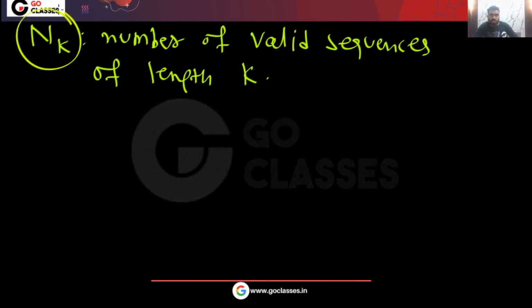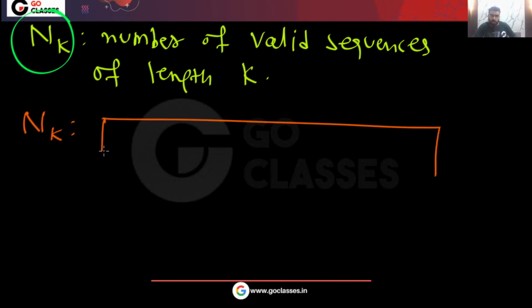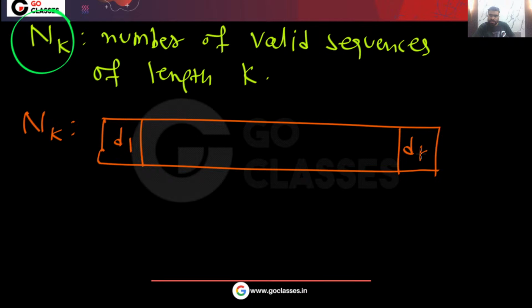First of all, what is nk? Nk is basically number of valid sequences of length k. Please focus. Nk is number of these sequences where the first character is a digit and the last character is a digit. So nk is basically this type of sequences.